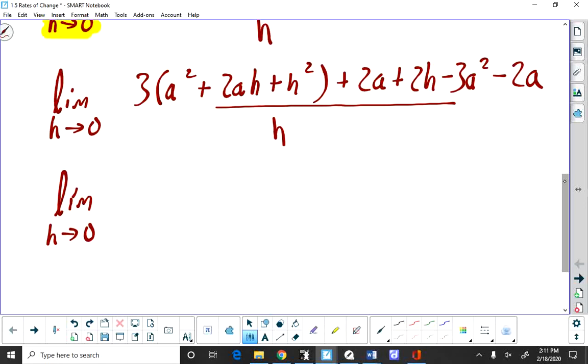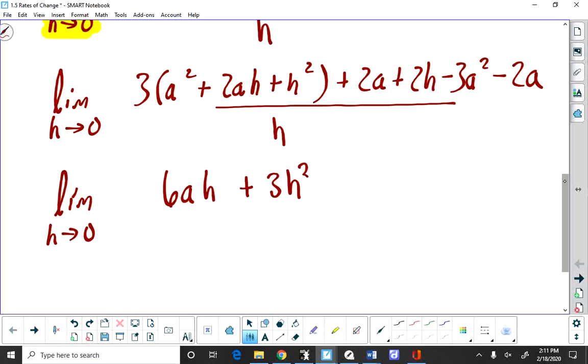3a squared minus 3a squared. I don't need to worry about it. 6ah. I don't see any other ah's there. 3h squared. I don't see any other h squareds. I have a 2a minus a 2a, which is gone.